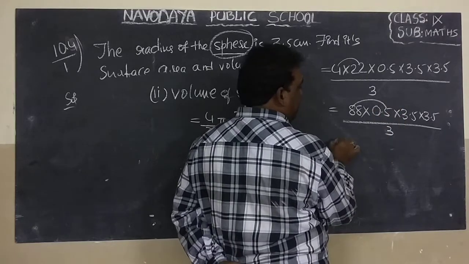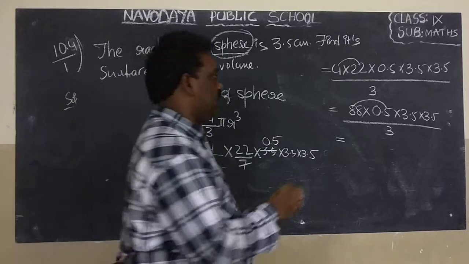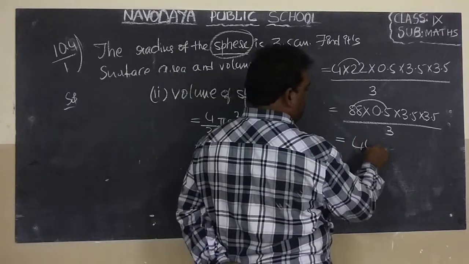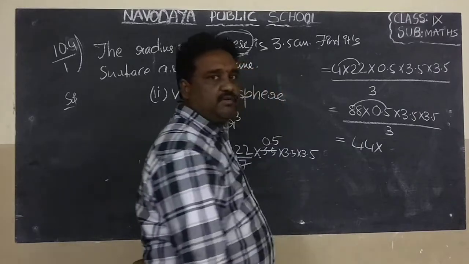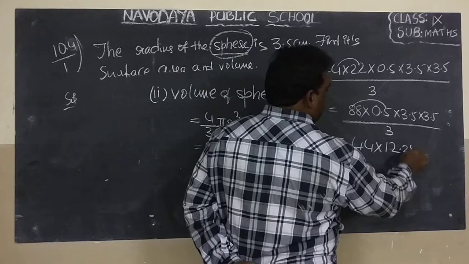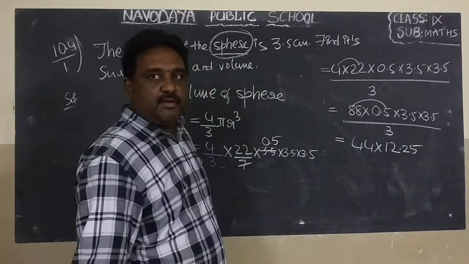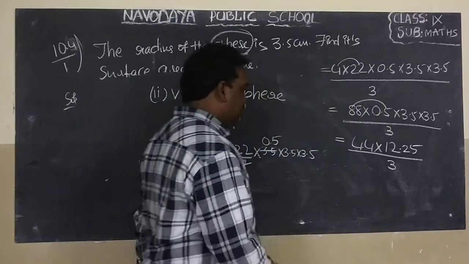It becomes 44 into 3.5 into 3.5, multiply 12.25, 12.25 by 3, then multiply.